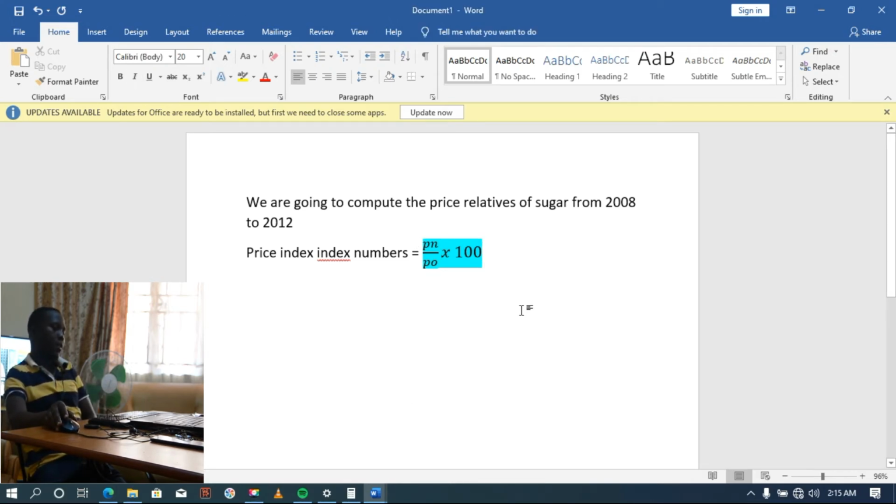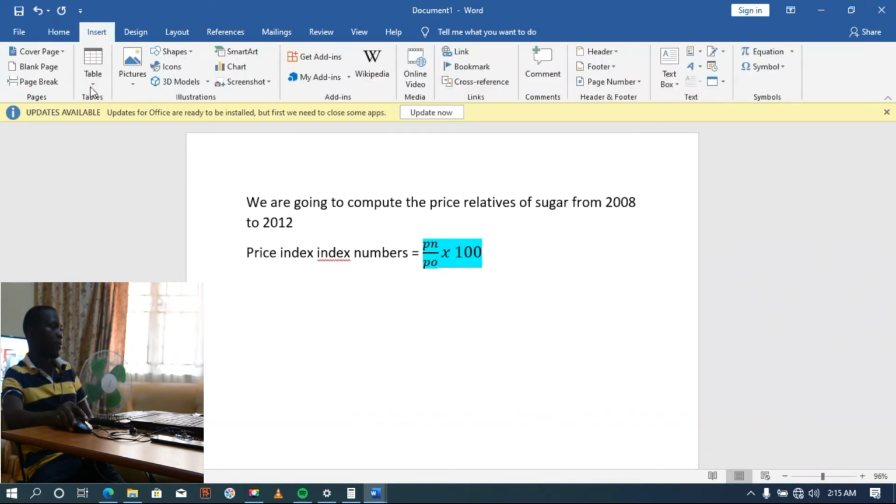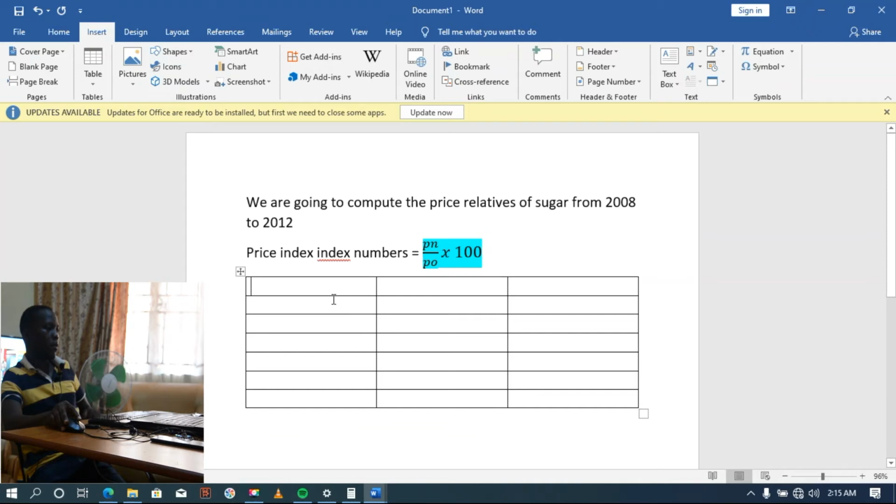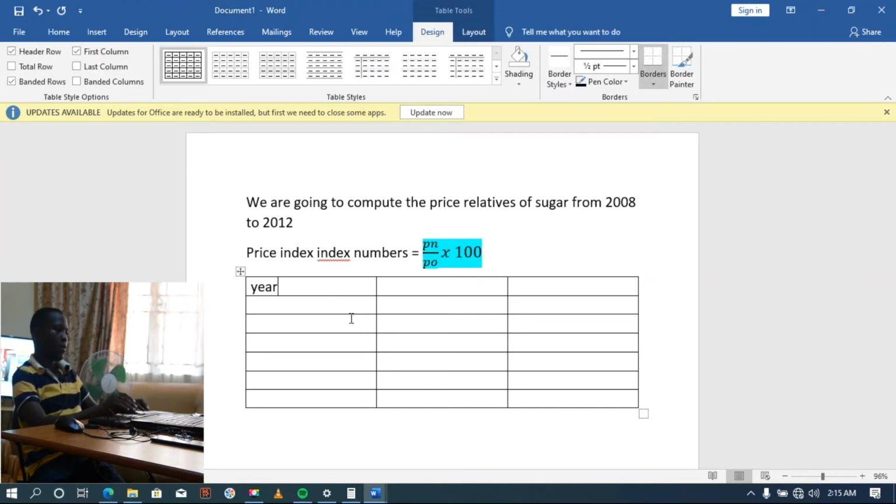So now we shall have a simple table. We are already given the base year as 2008. However, if you happen not to be given the specific base year to use, you can use the oldest year as your base year to solve the question. So let's have a simple table. We shall have the year, then the sugar price in shillings, and then the price relatives.